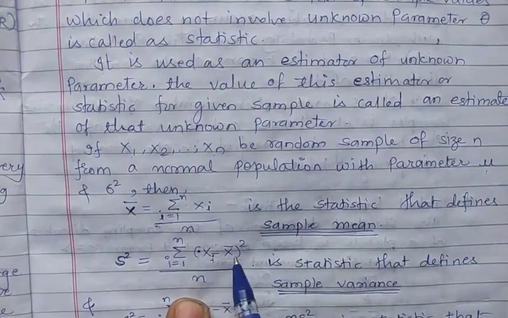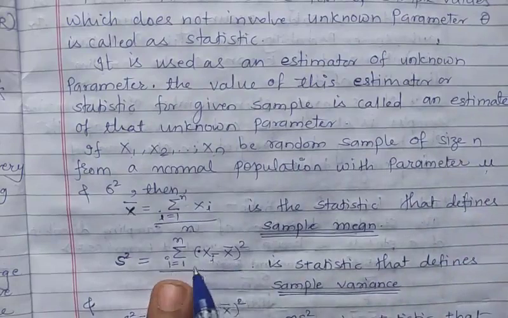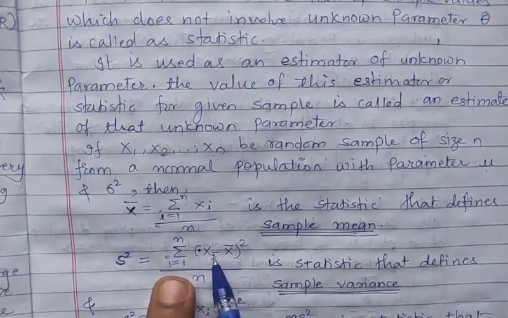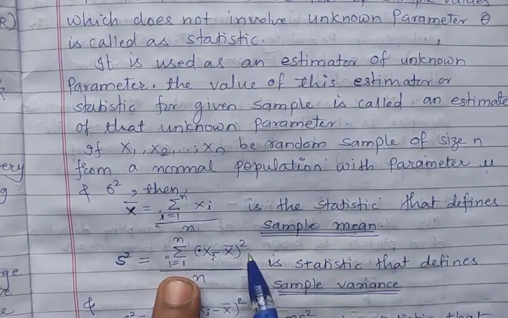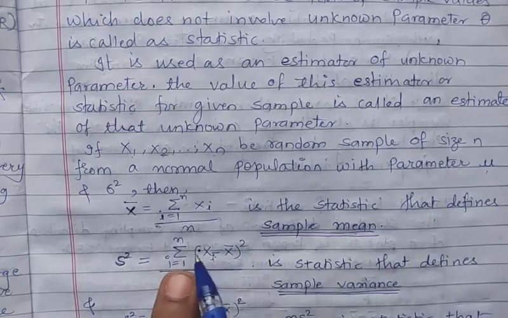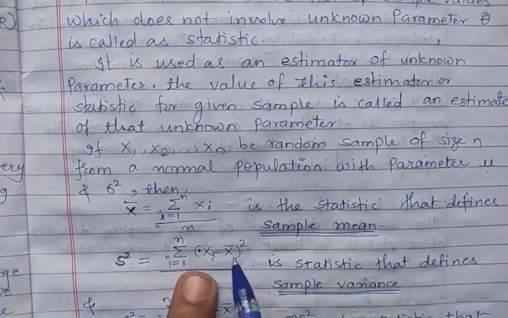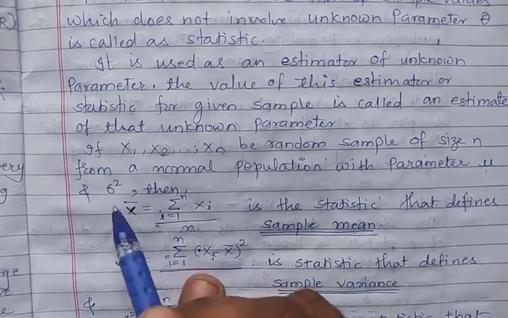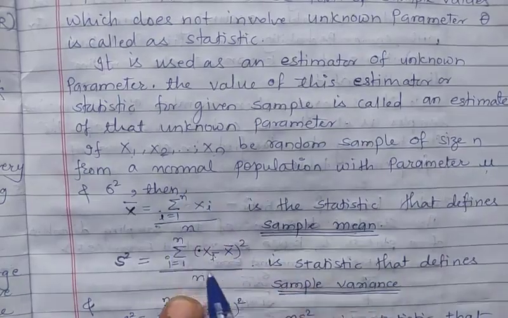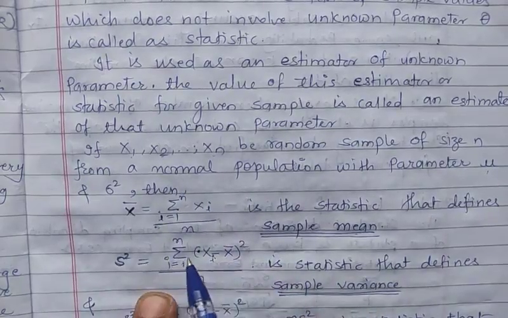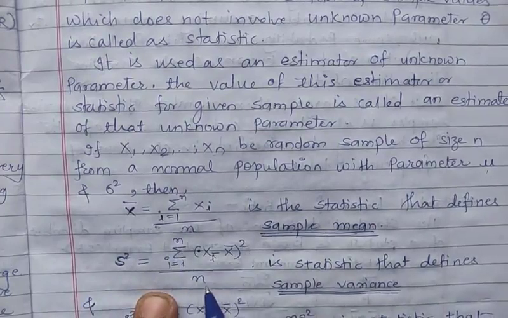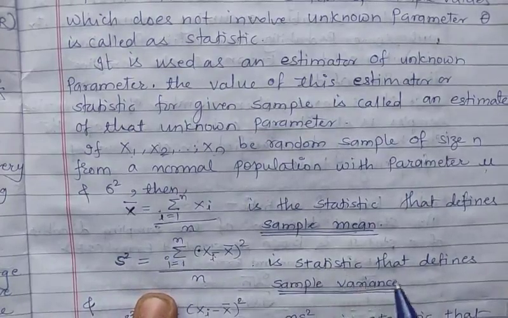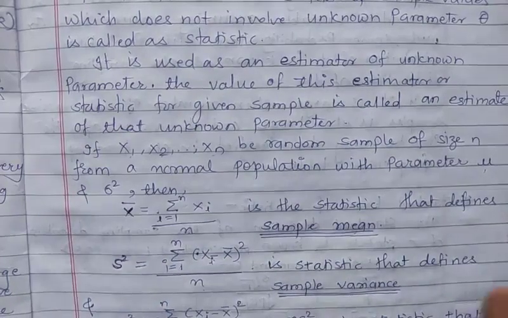So we get x1 minus x bar square plus x2 minus x bar square plus x3 minus x bar square, and so on up to xn minus x bar square, where x bar is calculated using the earlier formula. S square, the summation of xi minus x bar square upon n, is the statistic that defines the sample variance.